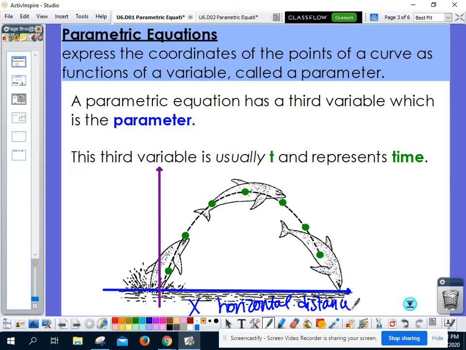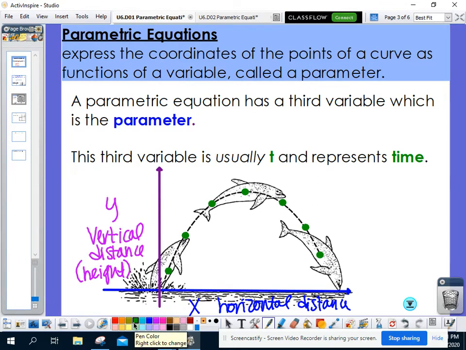We can also measure the y, which would be the vertical distance, which we would probably call height. And lastly, we can also capture where the dolphin is after 3 seconds, and where the dolphin is after 5 seconds. So that parameter t is what's new to us for parametric equations.